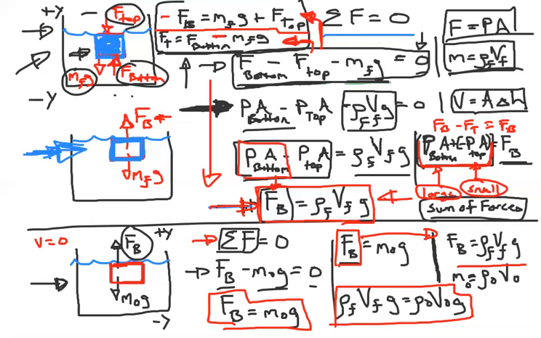And then we can make our exchange with mass, where we know the mass of the object is equal to the density of the object times the volume of the object. When we do that, we get an equation that tells us the density of the fluid times the volume of the fluid times gravity is equal to the density of the object times the volume of the object times gravity. So this is essentially saying that the weight of the fluid displaced is equal to the weight of the object. That's what this equation means.